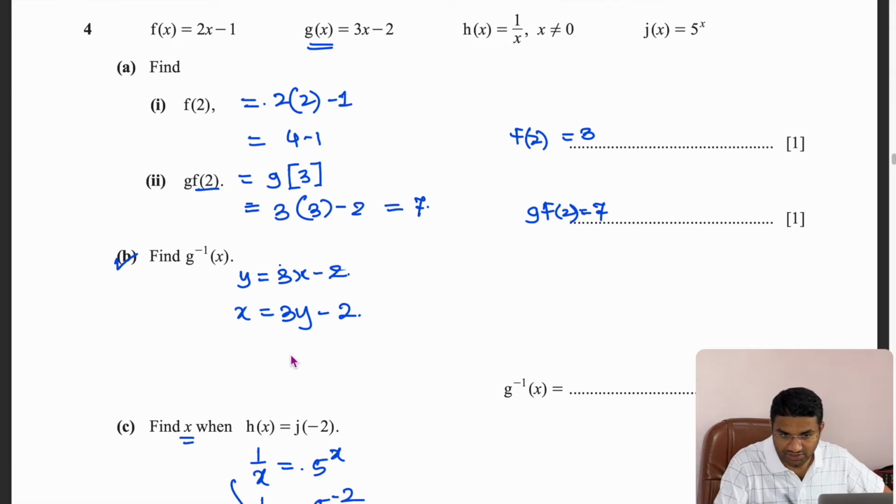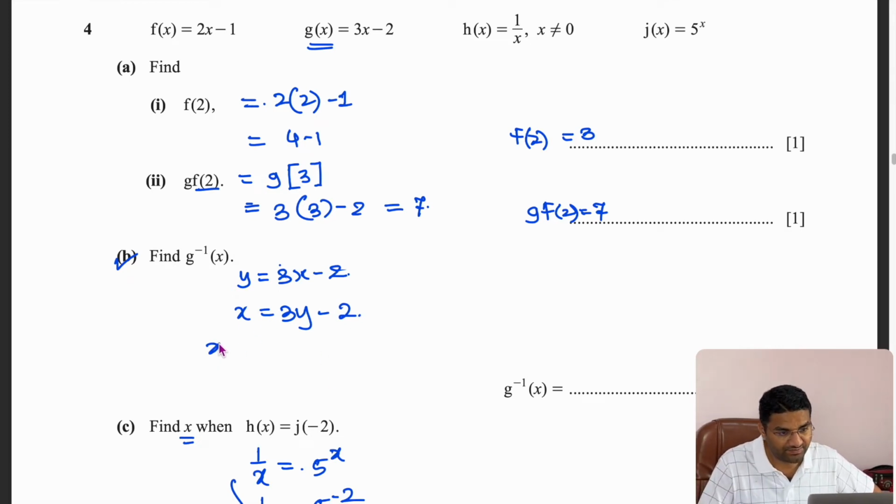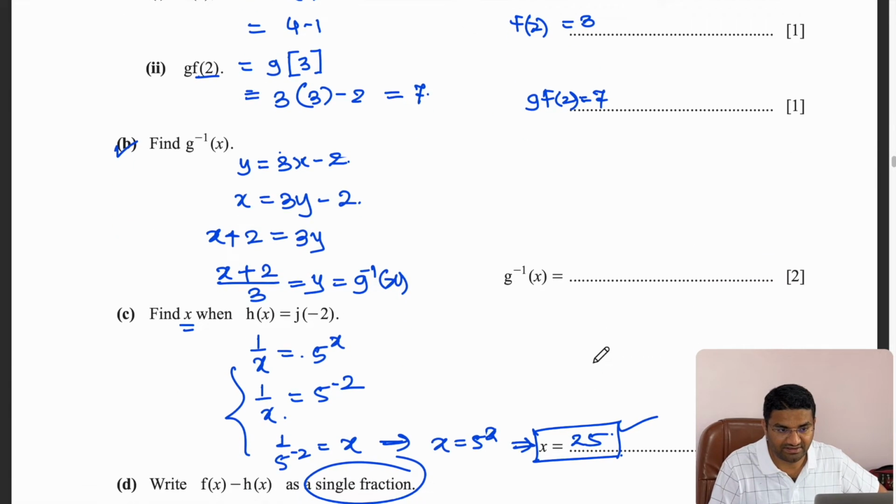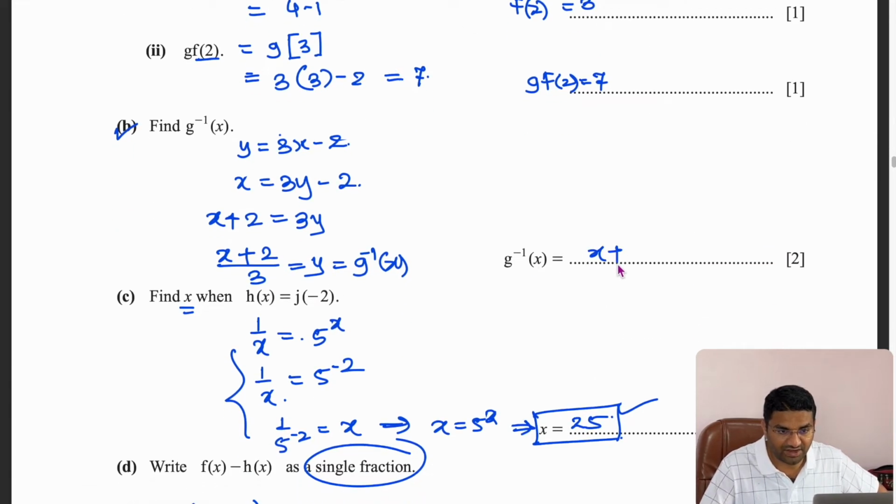Then transfer 2 to the left hand side, so negative 2 becomes positive 2: x plus 2 is equal to 3y, right? And then x plus 2 over 3 will be y, and that is nothing but g inverse of x. So write down g inverse of x as x plus 2 over 3. That's it.